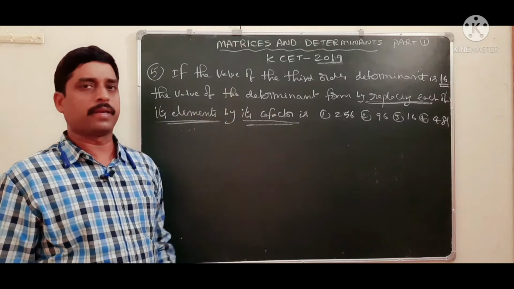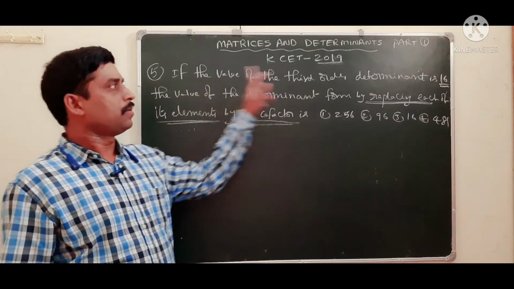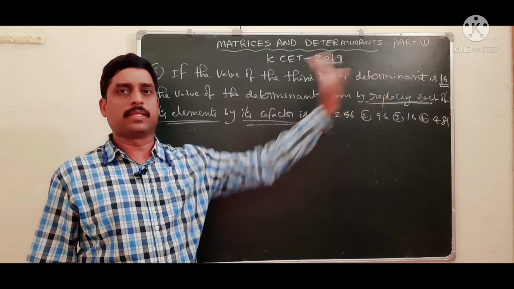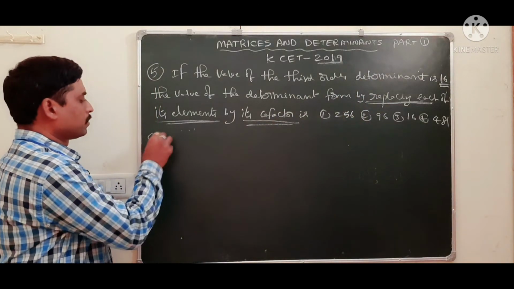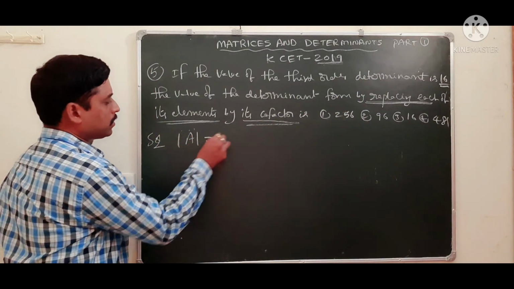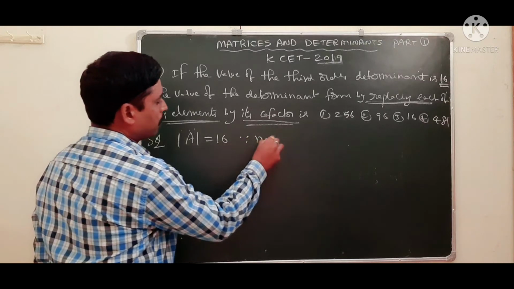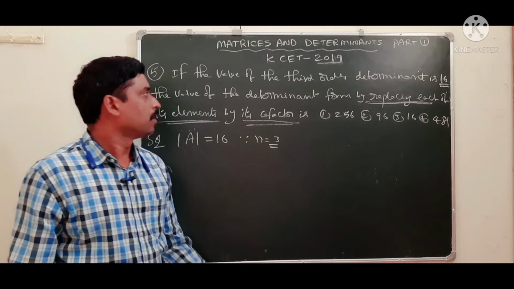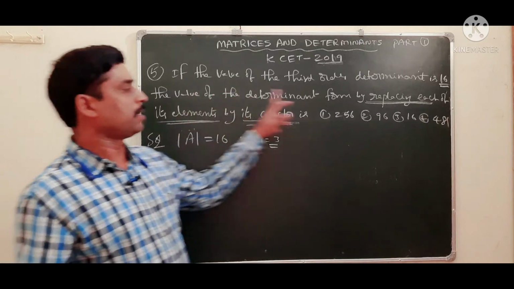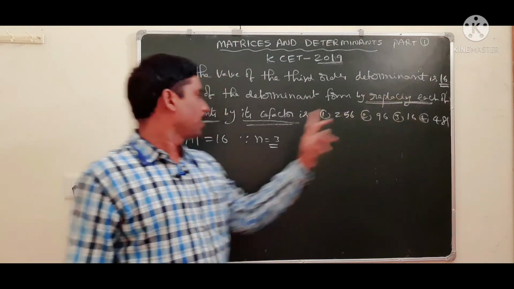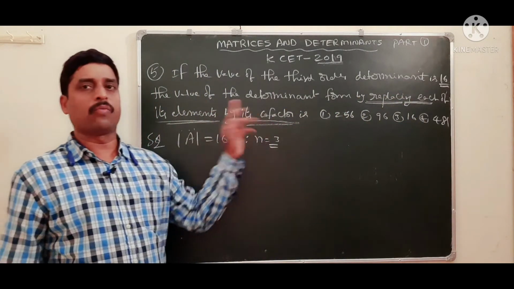This is from 2019. The value of the third order determinant is given as 16. So det A is equal to 16, and the order n is equal to 3. Now we have to find the value of the determinant formed by replacing each of its elements by its cofactors.